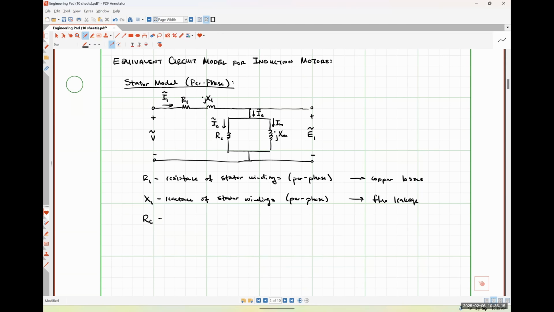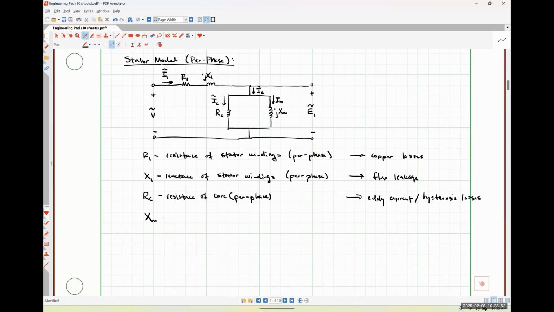RC is our core resistance, so the resistance of the core, also per phase. These contribute to eddy current and hysteresis losses, like we talked about in transformers forever ago.